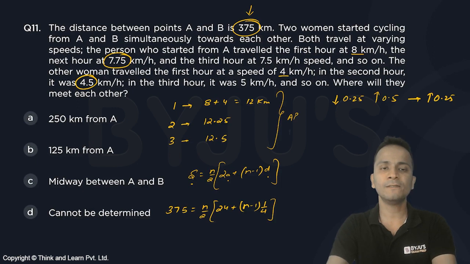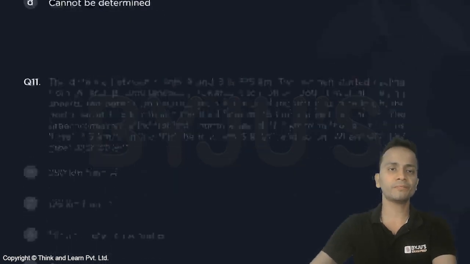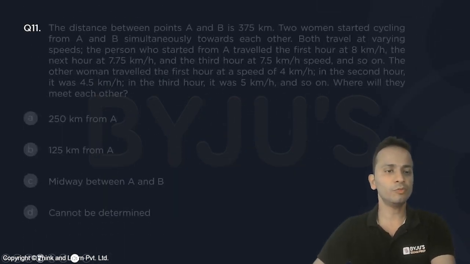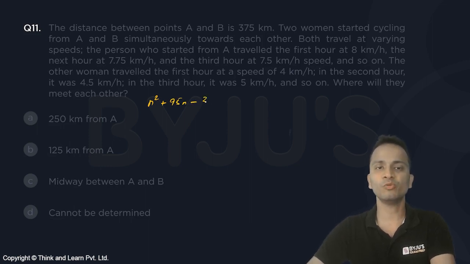So let's write this quadratic. It will be n square plus 95n minus 3000 equal to 0. Upon factorizing, you will get n minus 25 multiplied by n plus 120 equal to 0.